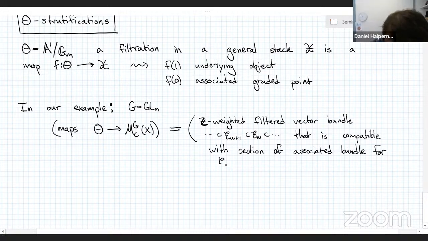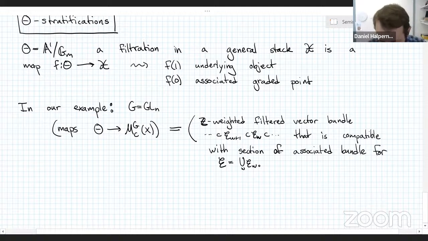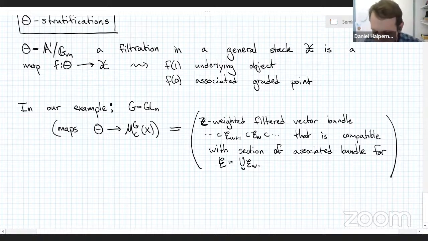For the E, which is the colimit, the union. So you think of this as a filtration for W. As W gets smaller and smaller, eventually this stabilizes.